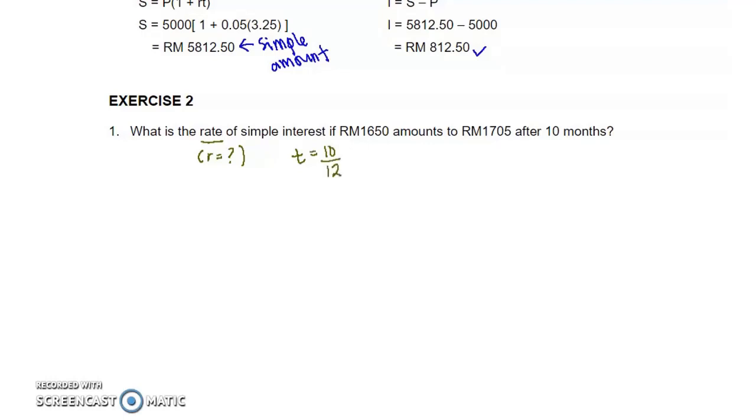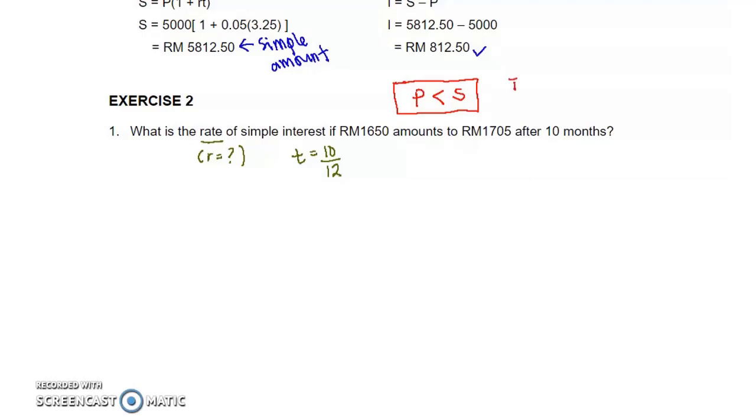Okay, what is 1,650? Note here that value P, the principal, the amount that we borrow or invest, should be less than the amount that we need to pay back or will earn at the end of a certain period, provided that there is an interest charge.